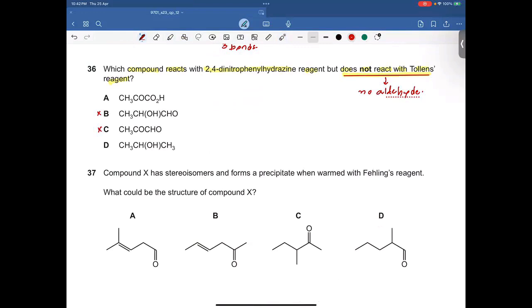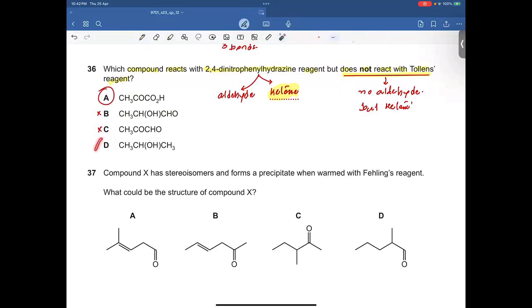But a ketone, because 2,4-DNPH gives a positive test in both aldehyde and ketone. Since aldehyde is not an option here because it is not giving the Tollens reagent test, B and C are incorrect. So this must be a ketone, obviously. Ketone is given in A, which means A is going to be the right answer.